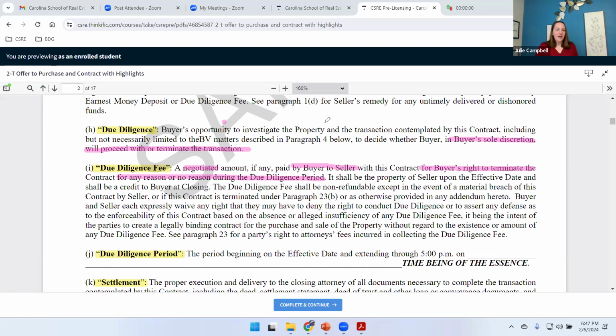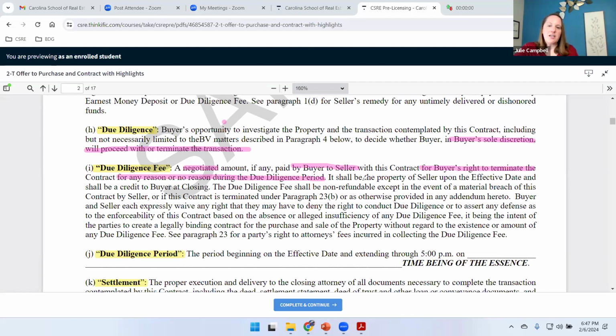Even though we're under contract, the seller can still allow showings. The seller can accept a backup offer if they want to, which we will talk about later in Unit 10. The seller doesn't have to take their home off the market. That's not what the buyer's paying for. They're paying for the right to terminate for any reason or no reason during the due diligence period.